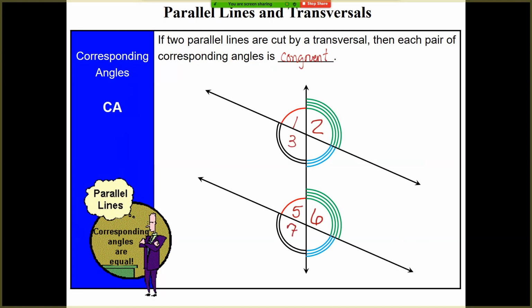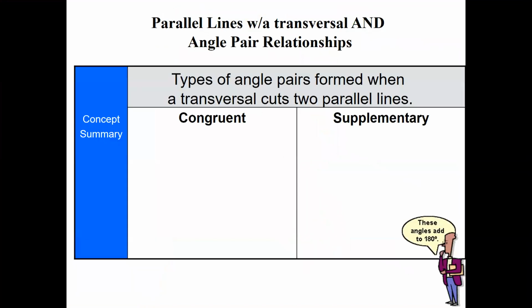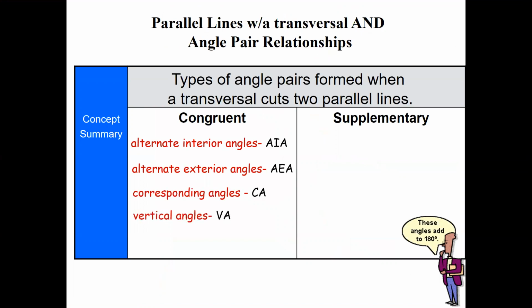So angle 3 and angle 7 would be congruent, and then 4 and 8 would also have to be congruent. So there's 4 pairs of congruent angles by corresponding angles. So quick rundown on that. They're listed for you.